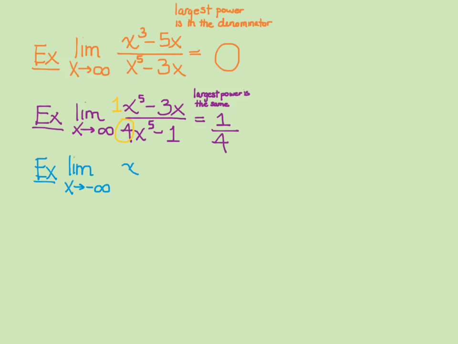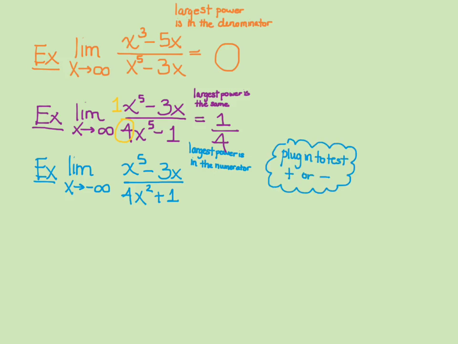In the third example, let's look at the limit as x goes to negative infinity of x to the fifth minus 3x over 4x squared plus 1. The largest power of x in this case is in the numerator, so we know that this should go to plus or minus infinity. But in order to test which one it is, we need to plug in a number that's relatively big and close to negative infinity.